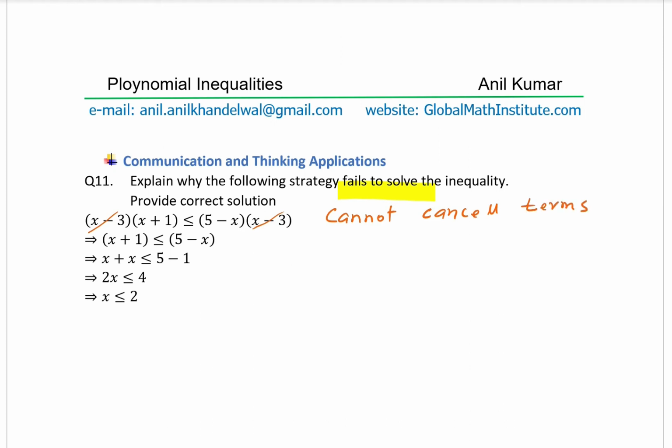The reason is that x minus 3 can be negative. So if it is negative, then what? You have to change the sign, correct? Do you get the idea? You cannot cancel terms because x minus 3 can be negative. You can only cancel terms if both are positive. Perfect. And therefore, this is not the correct solution.